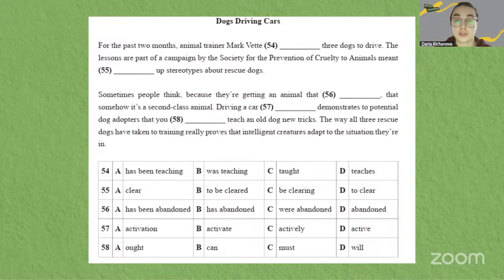So we have some action that started in the past and still is happening in the present. So here we may understand that we need to use present perfect continuous, because we have some duration of time and the action started in the past. What about 55? Here we have clear, to be cleared, be clearing, and to clear. Let's see what we should use here.